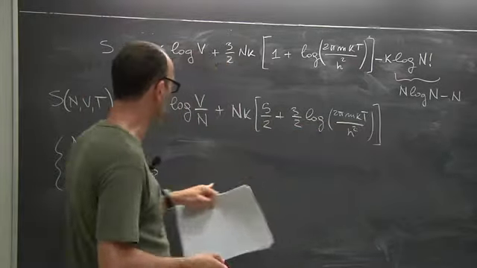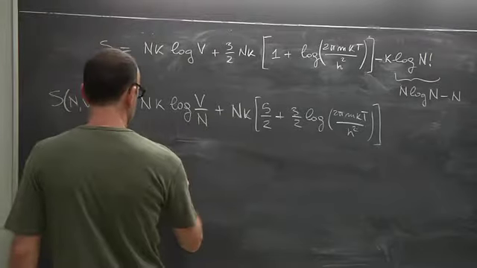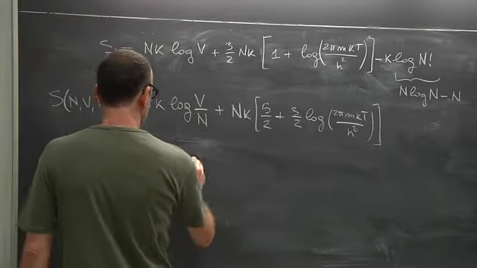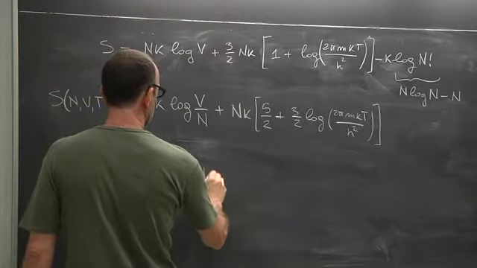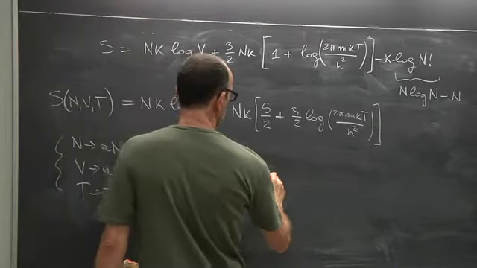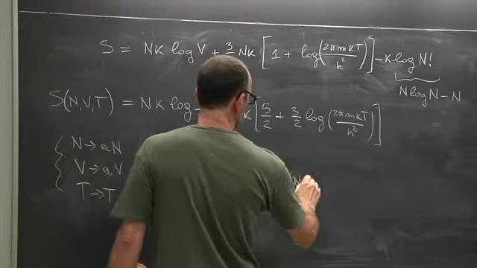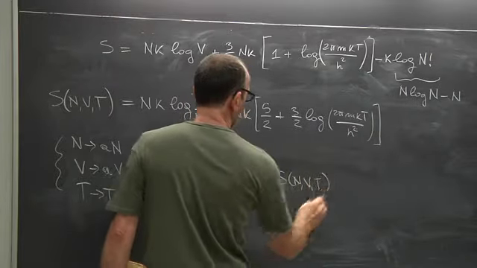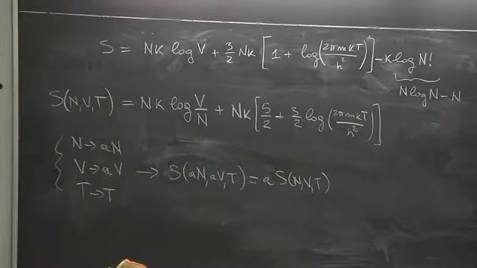Temperature does not change, and you just get that the entropy of a system which is a times bigger is just equal to a times the entropy of the initial system. Okay?